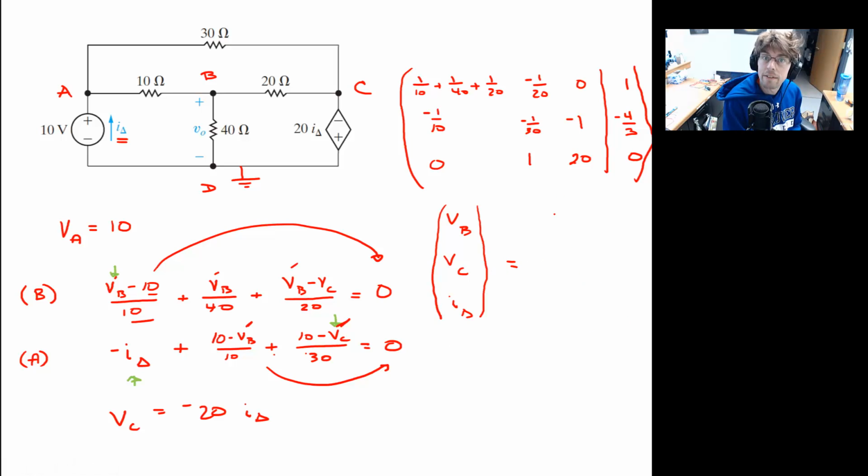And so what I have at the end of the day is something that says VB is 24 volts. I have VC is 64, and I delta is negative 3.2.